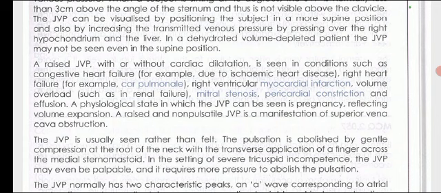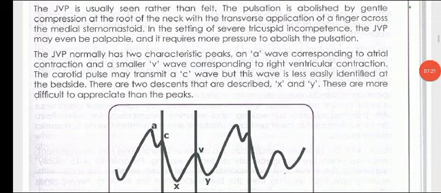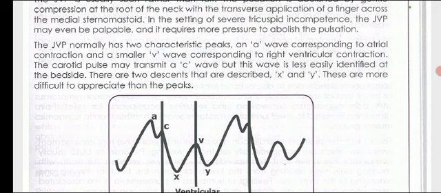sternocleidomastoid. In the setting of severe tricuspid incompetence, the JVP may even be palpable and it requires more pressure to abolish the pulsation. The JVP normally has two characteristic peaks: the A wave corresponding to atrial contraction and a smaller V wave corresponding to right ventricular contraction.